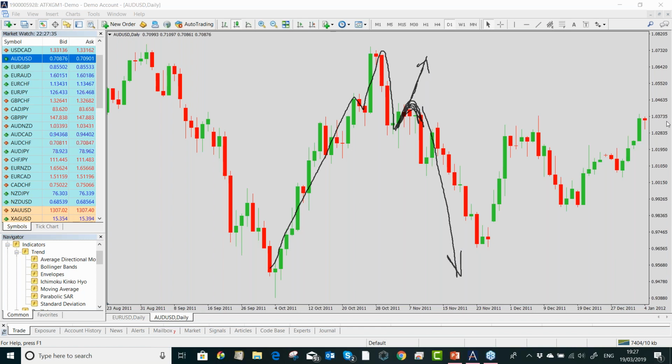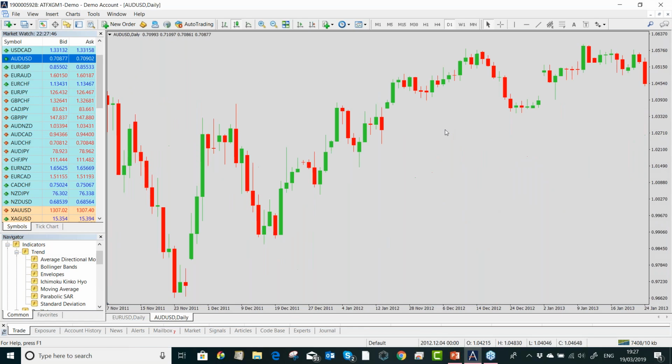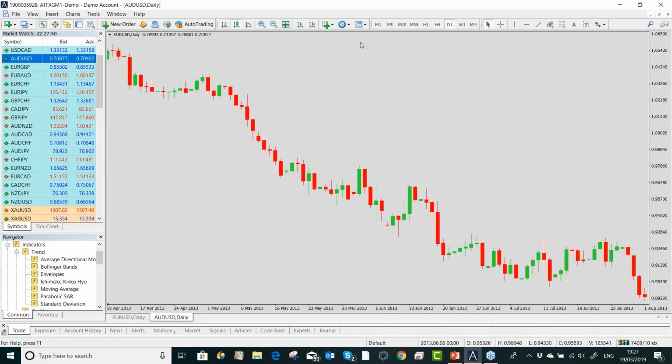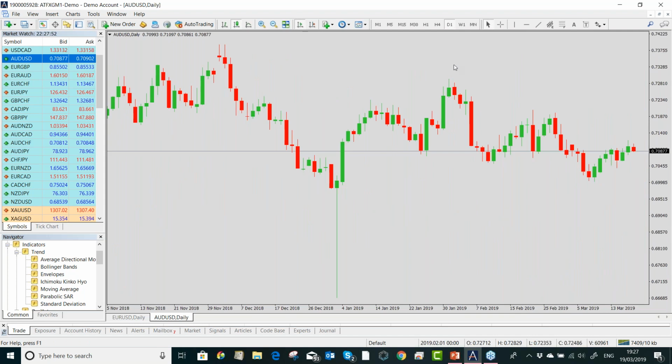So we're just analyzing who is in charge of the market, the buyers or sellers, and we can get a directional bias from that. So that is some very, very basic brief price action analysis that we can use in our trading.